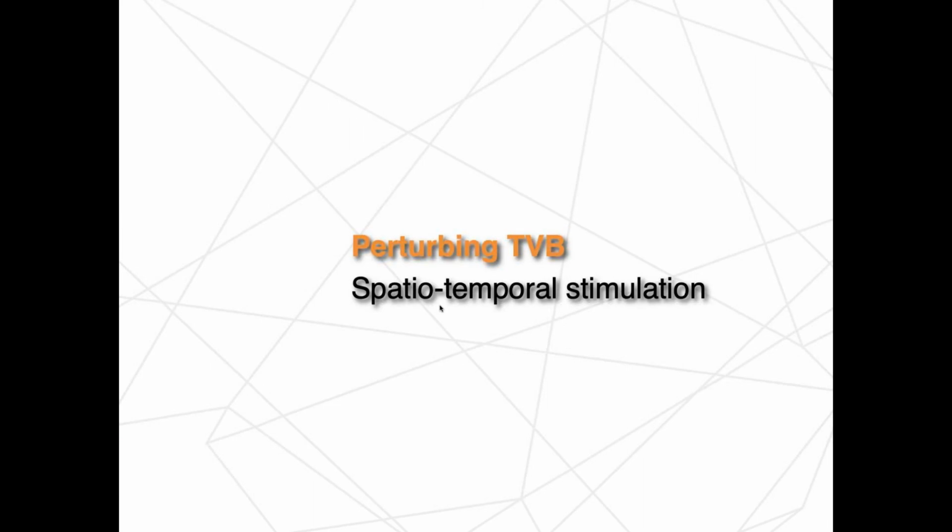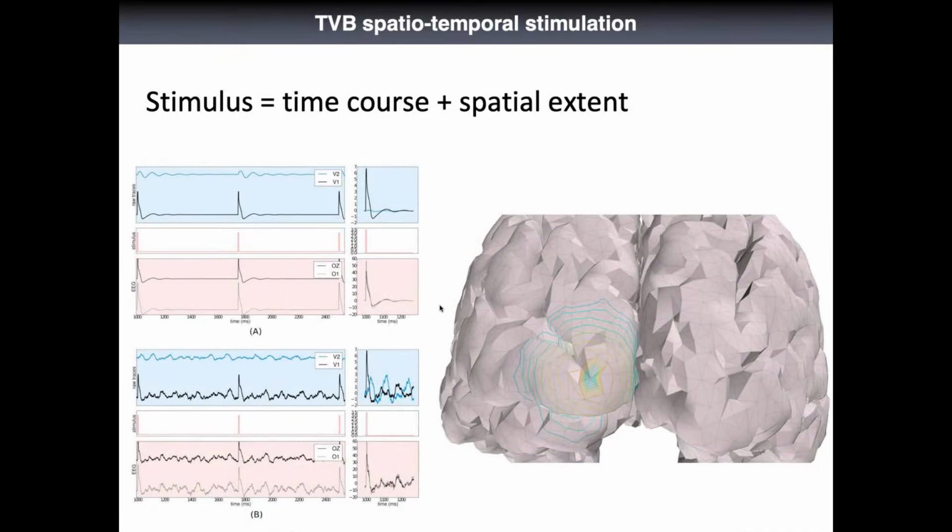Now, another interesting aspect of TVB simulation is when we stimulate the brain, and therefore we perturb the TVB dynamics. TVB allows the user to easily define a stimulus that has, on the one hand, a time course. For instance, it can be a pulse, it can be a sinusoidal, whatever.